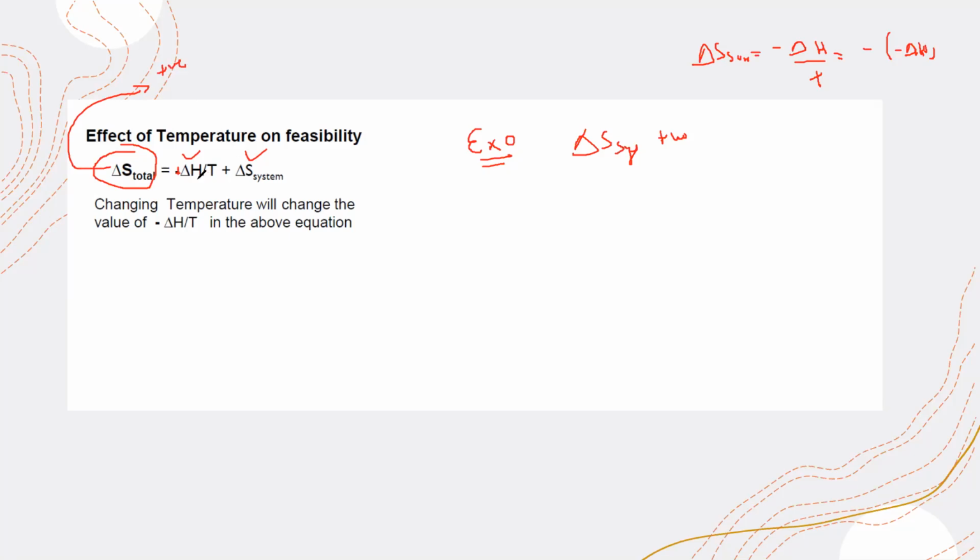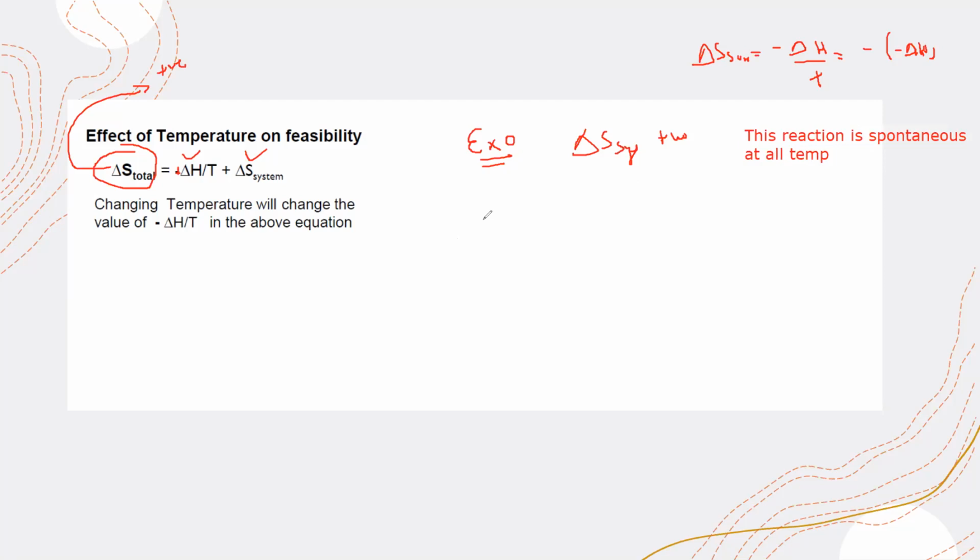So delta H is negative, minus, minus will be plus. So the entropy of the surrounding is always positive for an exothermic reaction. And if the entropy of a system is also positive, this reaction will be spontaneous, or this reaction will occur at any temperature. So this reaction is spontaneous at all temperatures.